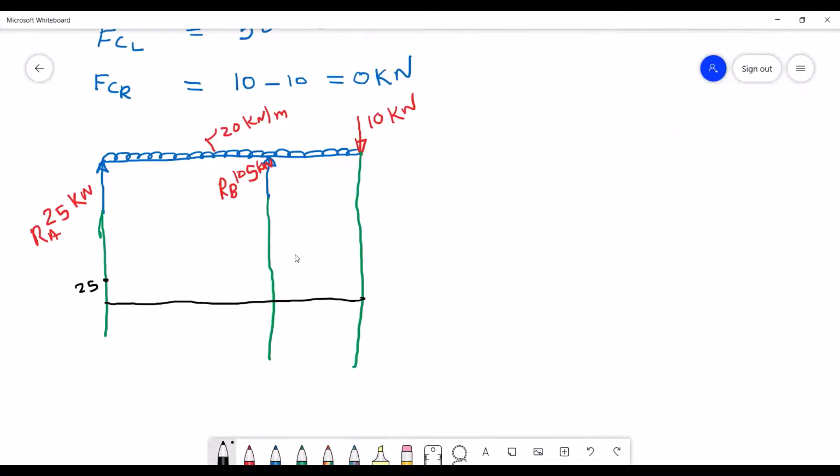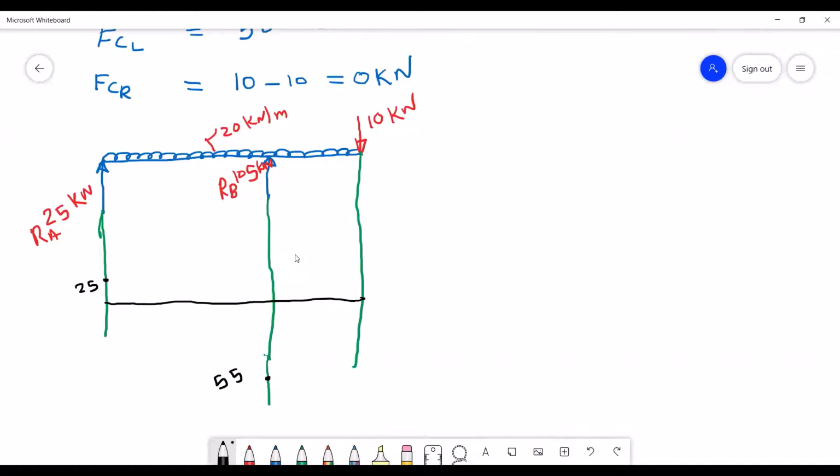Then the left side of B, it is 55. Since it is minus 55, it will come down.